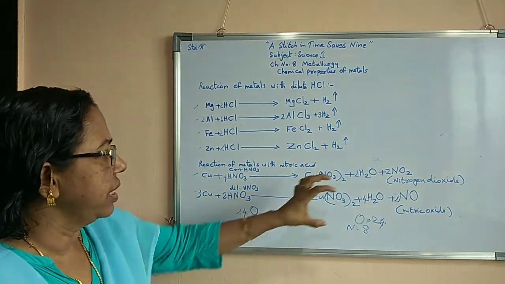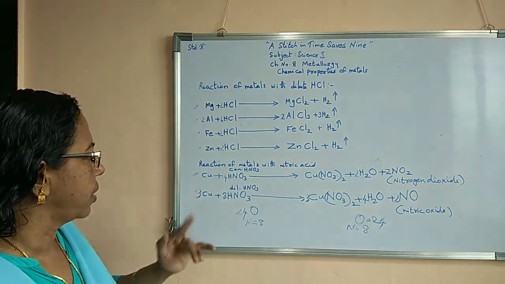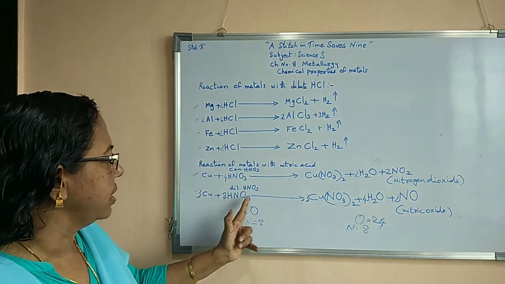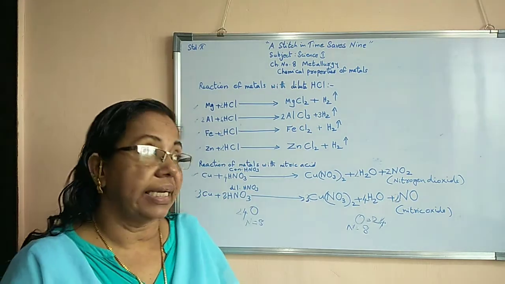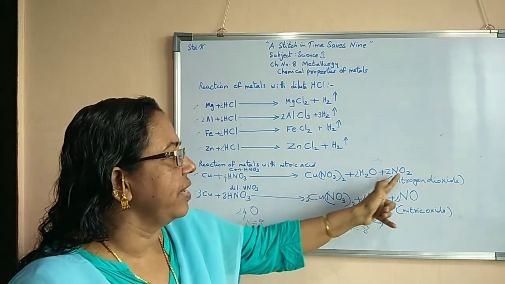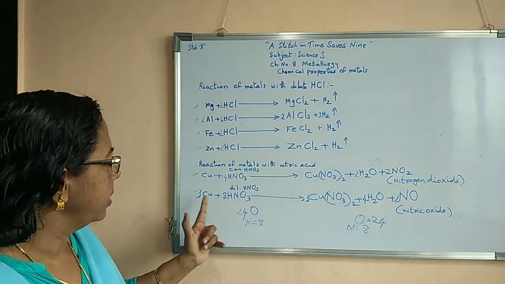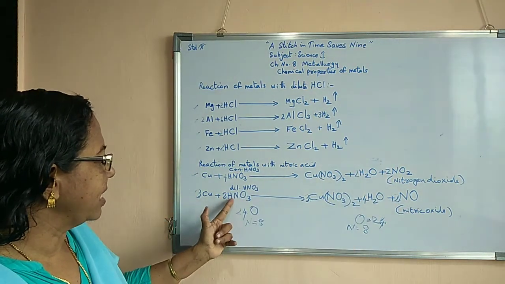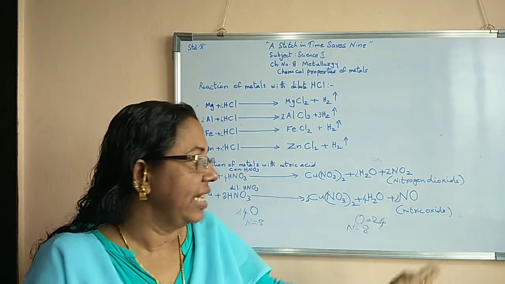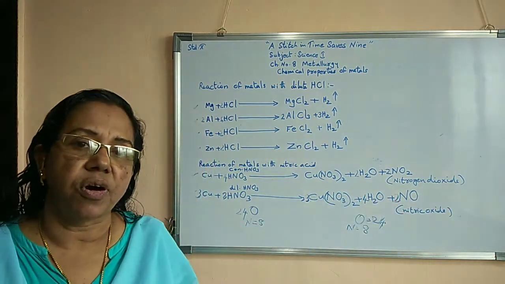Here now you have to study only one example, that is with the copper. Copper reacts with the concentrated nitric acid, here copper reacts with the dilute nitric acid. Here as a result of this reaction copper nitrate, water as well as nitrogen dioxide formed. Here when copper reacts with the dilute nitric acid, copper nitrate, then water as well as nitric oxide formed.